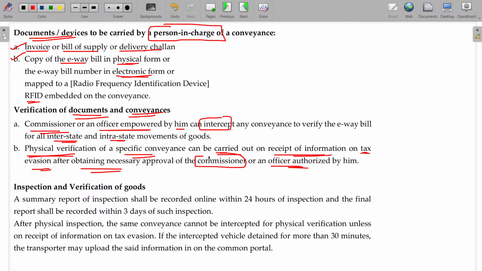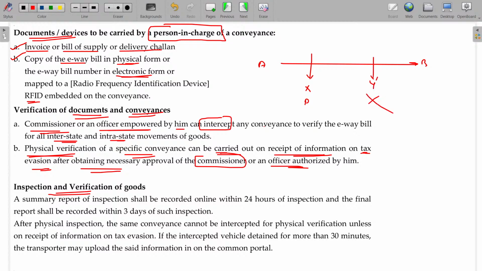Now, what happens if the inspection happens? Inspection and verification of goods is done. And goods are moving from place A to B, where at point X it is inspected physically. Can I again check in place Y?